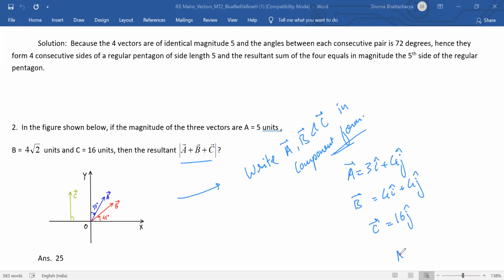So the resultant magnitude will come out to be 21.